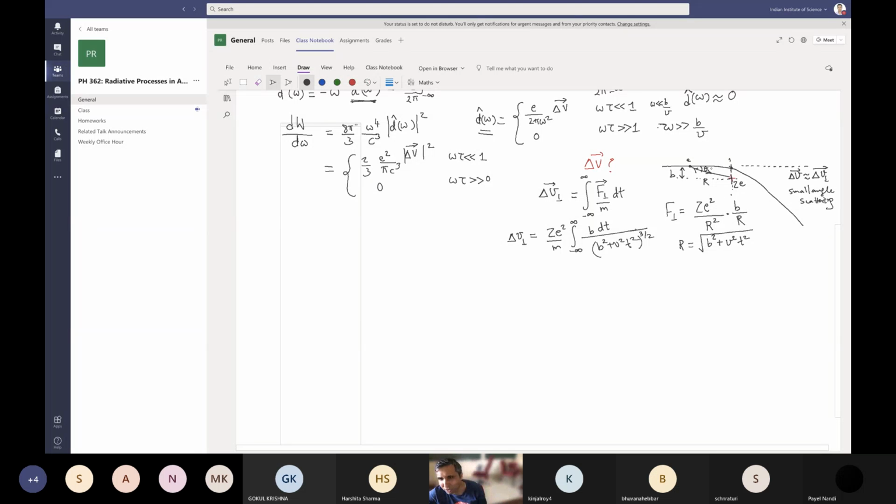See, the force in the parallel direction: at this point it's being pulled in this direction, at this point it's being pulled in the opposite direction. So delta V parallel for this small scale scattering is small, but delta V perp adds up in the same direction.